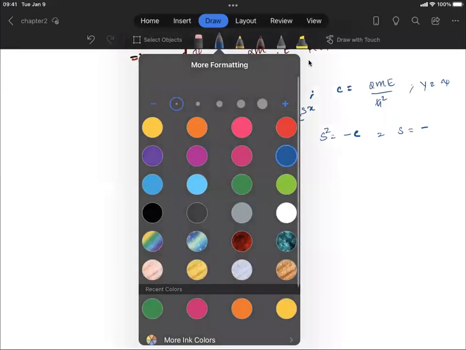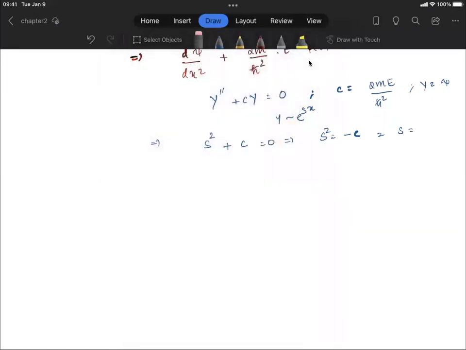And that would give us the auxiliary equation. The square root of negative 1 is i, so s is i root c, plus or minus. If we plug in the value of c, this would be the value of s.